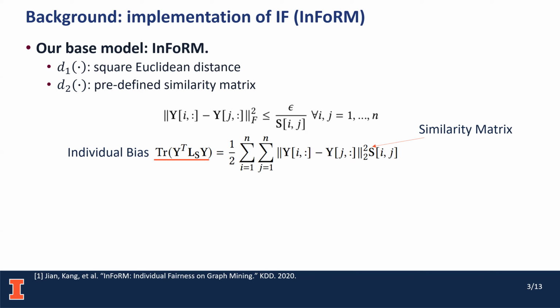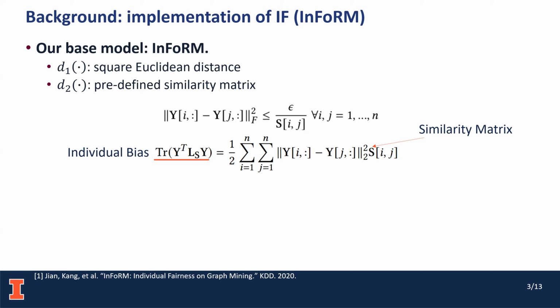So based on the Lipschitz property, the definition of the individual fairness will become the first line. The left-hand side is the squared Euclidean distance. The right-hand side is the inverse of the similarity over error bound epsilon. And so this is a strict bound for each entry in the similarity matrix.